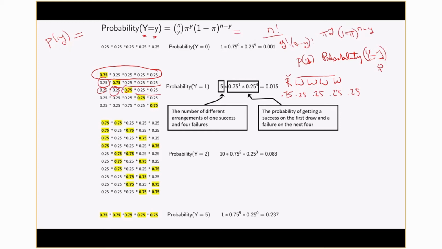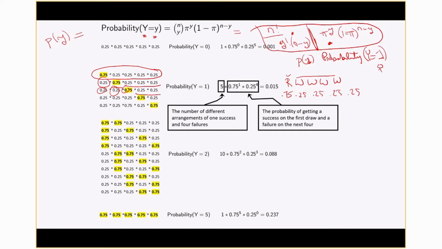So when it comes down to understanding this equation, we've got 2 bits. We've got this bit here and this bit here. The first thing is this pi raised to the power of y, 1 minus pi raised to the power of n minus y.